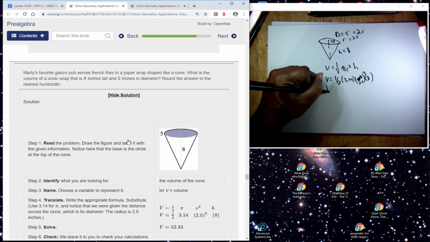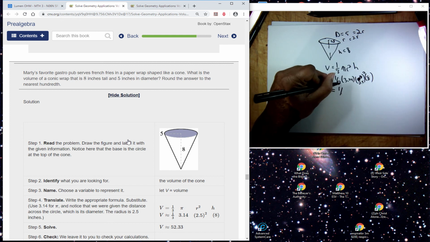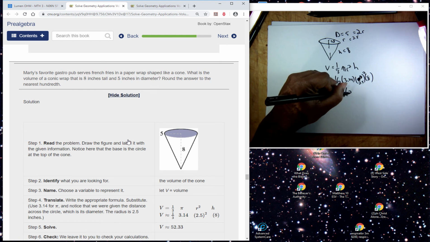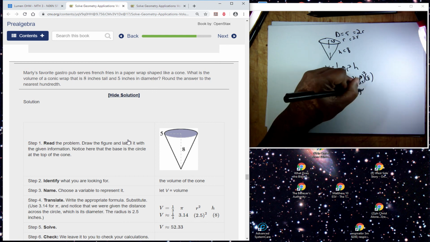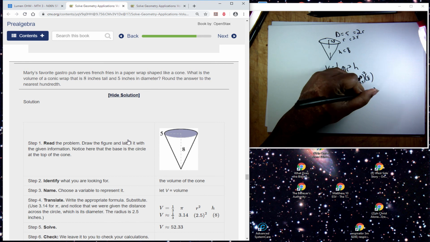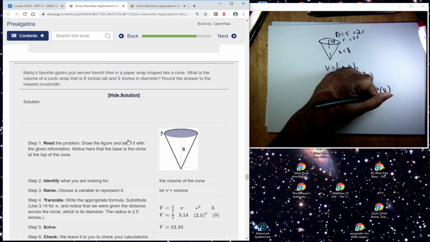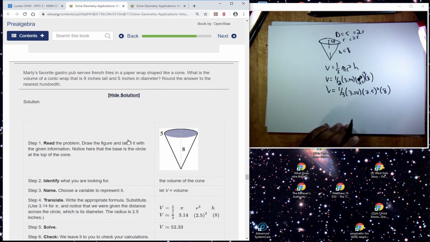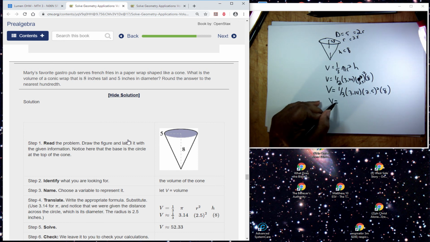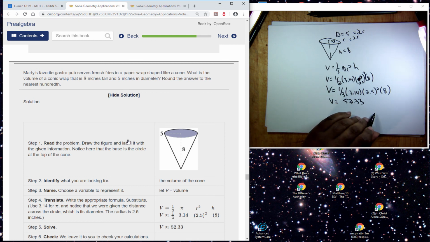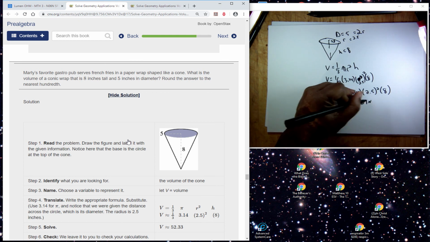So I have 1/3 times 3.14 times 2.5 squared times 8. Now we can go ahead and solve that one. We end up with 52.33, and the unit in this one is inches, so I have inches cubed.